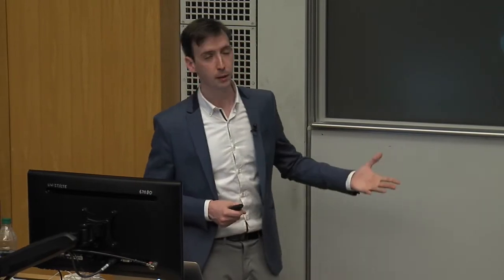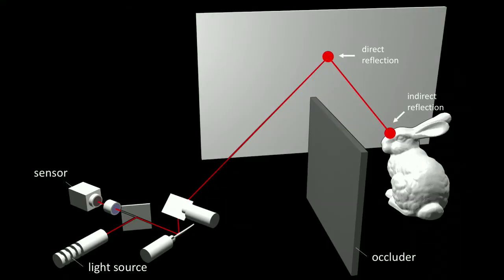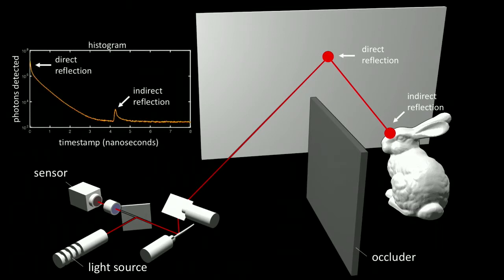This is particularly useful for imaging objects that are hidden in this way, because we can use a SPAD sensor to pick up a histogram that consists of light paths that hit the wall and come straight back, and light paths that hit the wall, hit the hidden object, and come back to the wall before being picked up by the sensor.